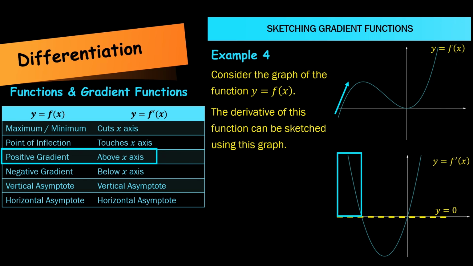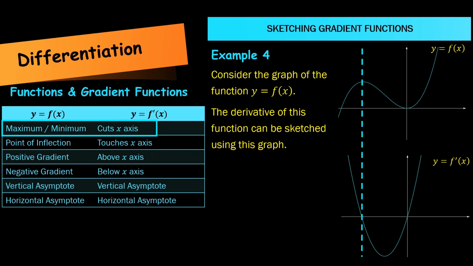Notice here we have a positive gradient for y equals f of x. Therefore, the graph of y equals f dash of x is above the x-axis. Here we have a maximum turning point in y equals f of x, and therefore in f dash of x the graph cuts the x-axis.